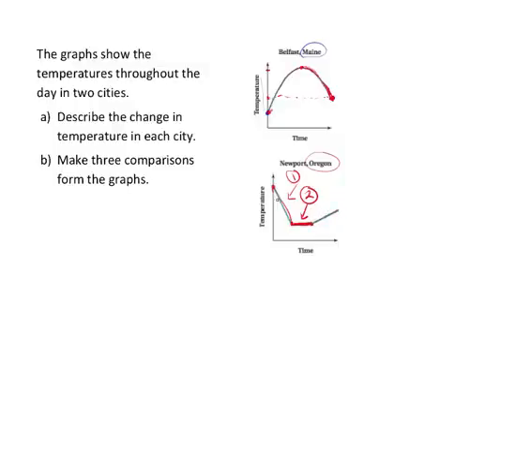Now, looking at the decrease and the increase, it looks like the decrease was faster. So we can talk about this one as a faster decrease, but it's a constant decrease.